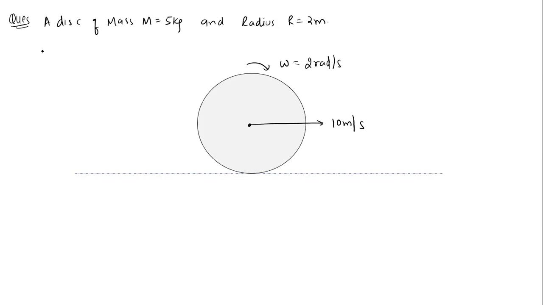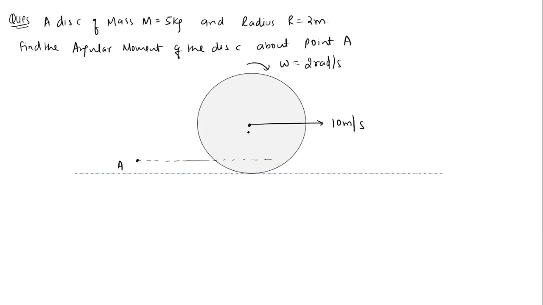Find the angular momentum of the disk about point A. Now this point A is located somewhere here, at a distance of 1 meter from the center.